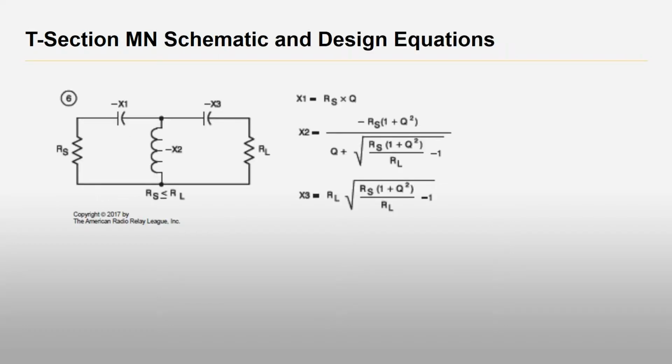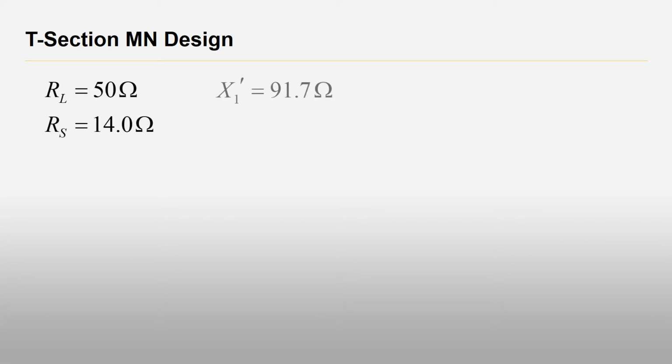If we go here, here's our load, consisting of a series RC. X1 is defined as a positive quantity, and therefore minus X1 is capacitive. So we find that X1 prime is equal to 91.7 ohms.